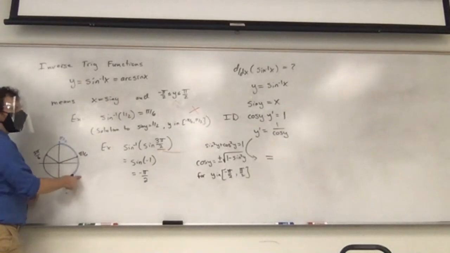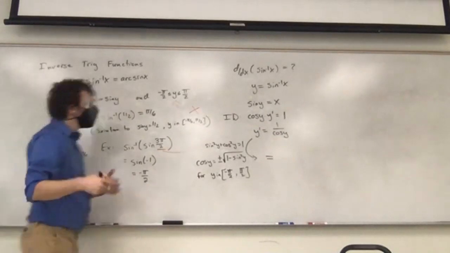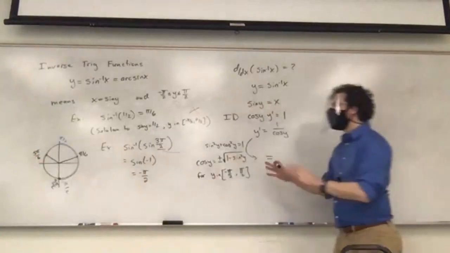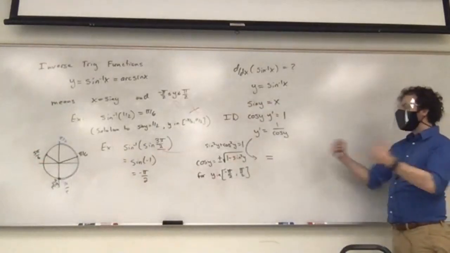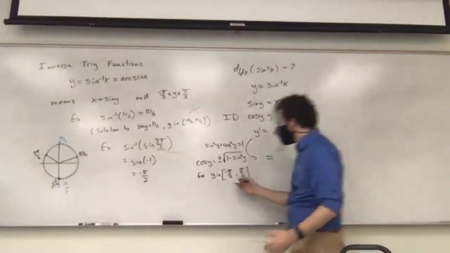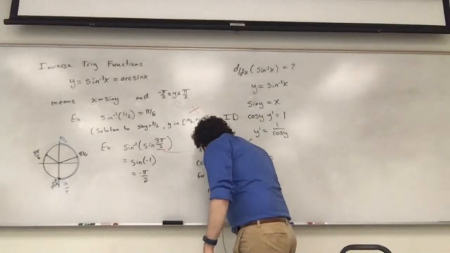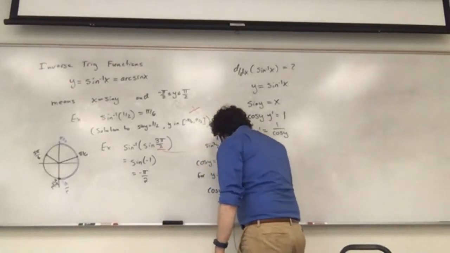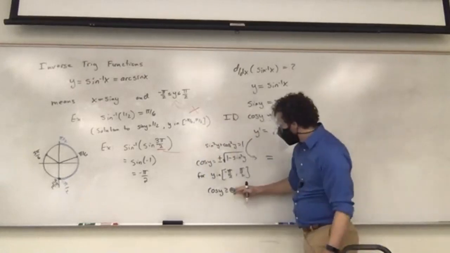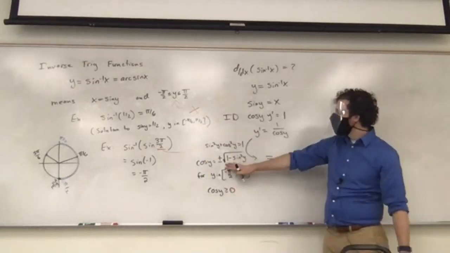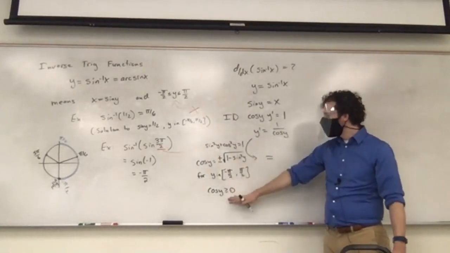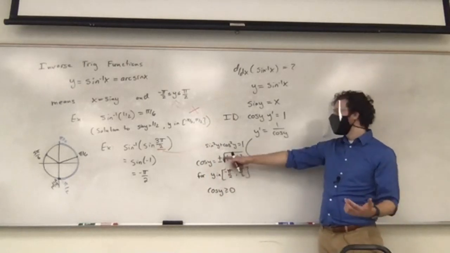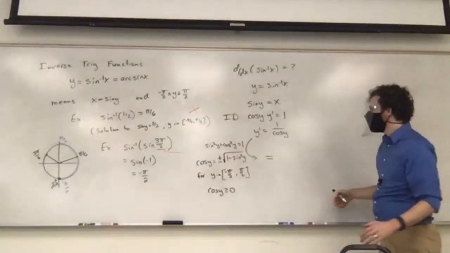And over here, cosine is always positive. On the unit circle, cosine is the x coordinate, and on the right half of the circle, the x coordinate is positive. So what that means is that when we were trying to solve for cosine, cosine is supposed to be positive, so we should take the positive one.